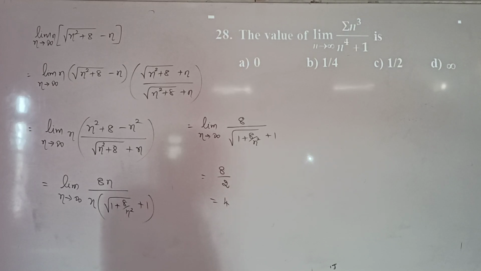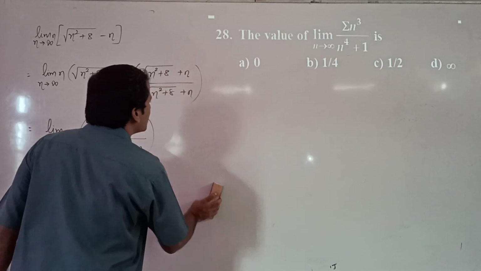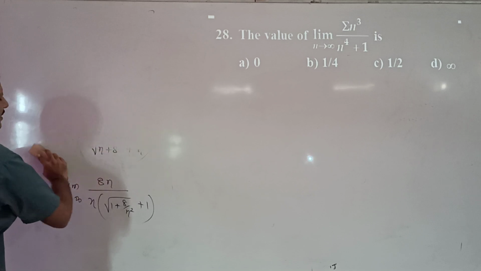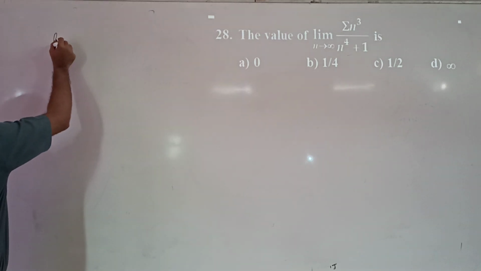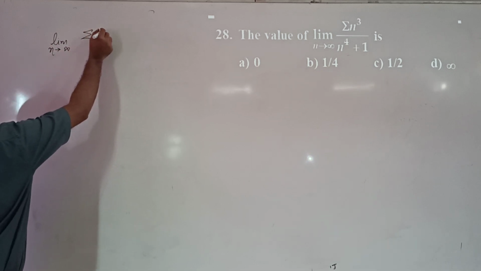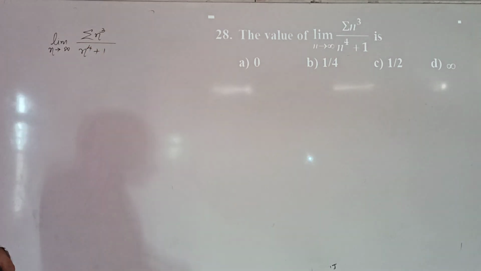Then 28th question. The value of limit n tends to infinity of sigma n cube divided by n power 4 plus 1 is.